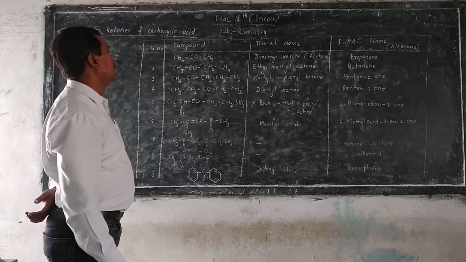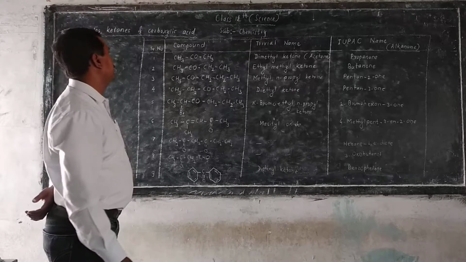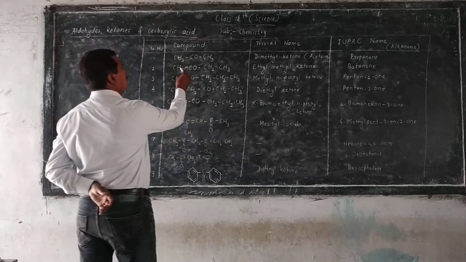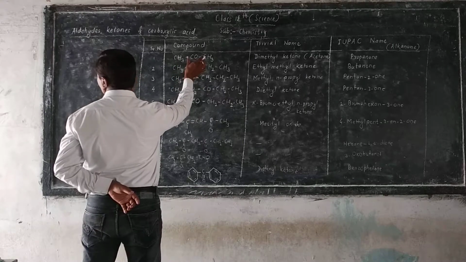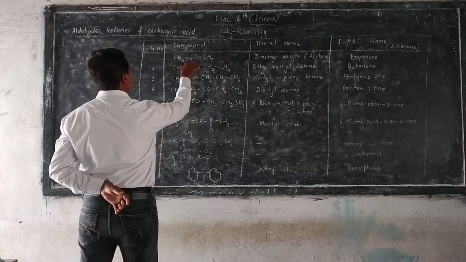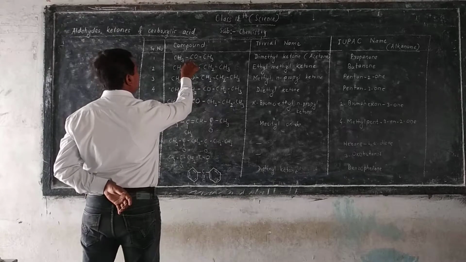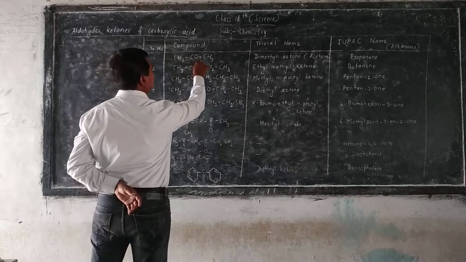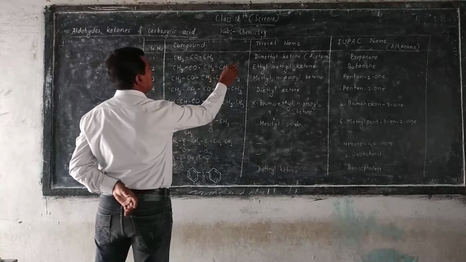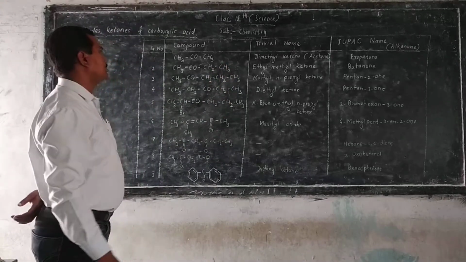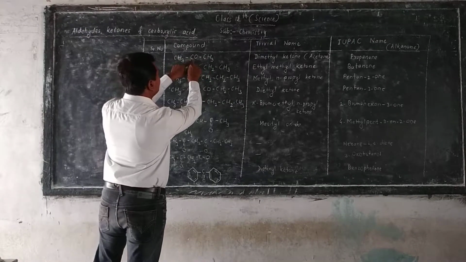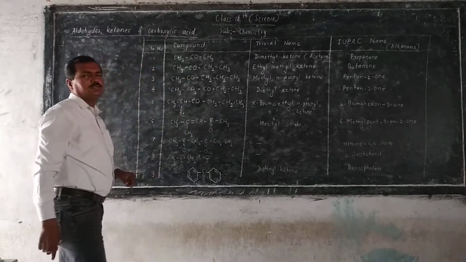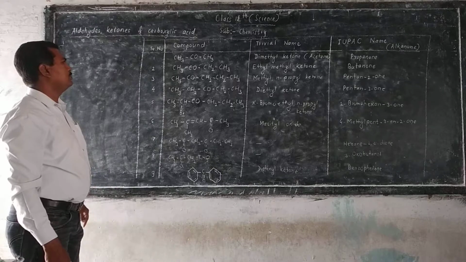Here the CO group is present, and two methyl groups are attached to this carbonyl carbon, so it is dimethyl ketone. Its common name is also acetone.